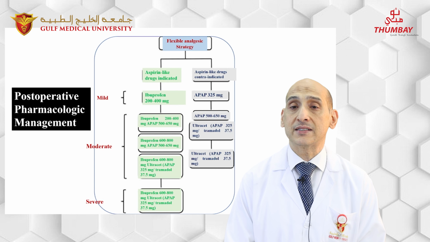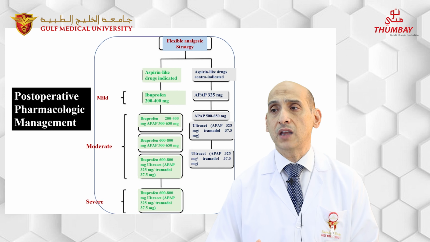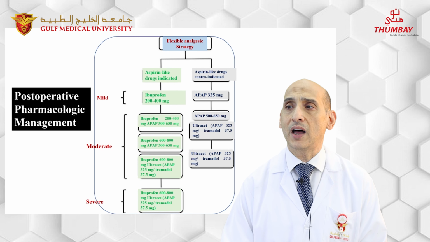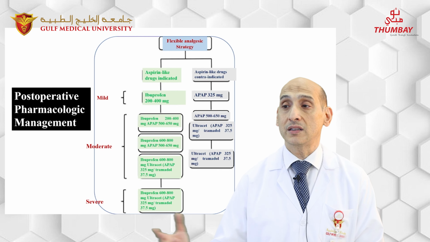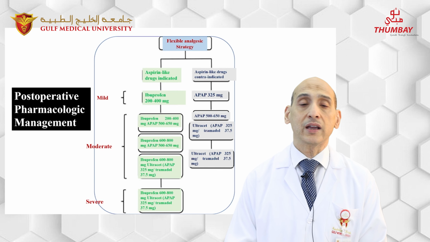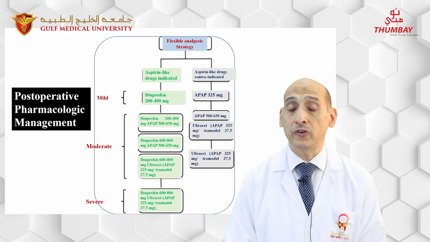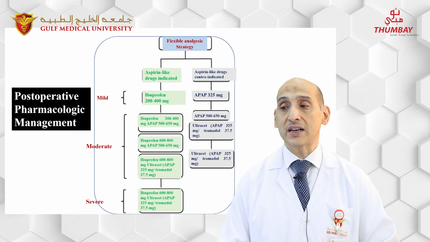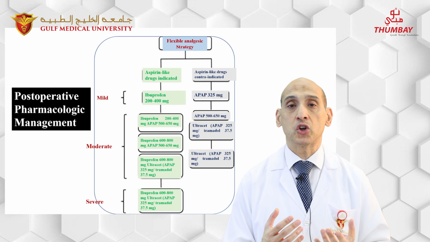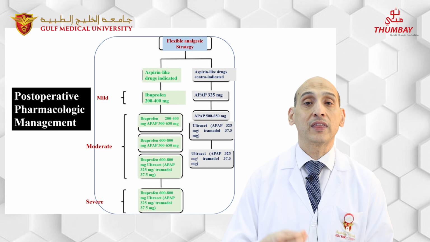If the pain is moderate, I can double the dose. I can give 600 to 800 milligrams, and in addition I can give acetaminophen with this ibuprofen. For the severe cases, I can merge ibuprofen with opioid drugs or with acetaminophen.